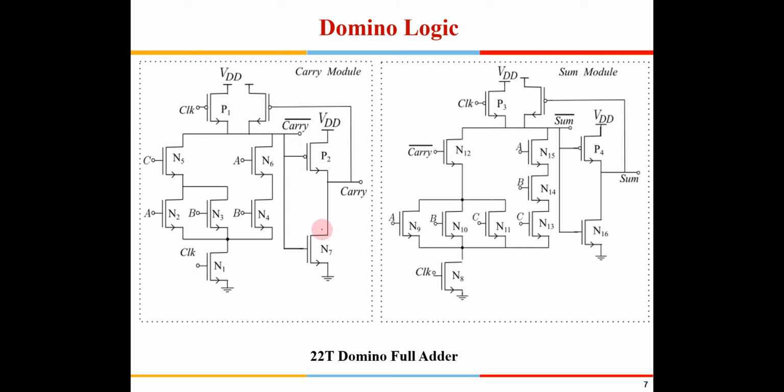Then I can generate carry, and I can use that carry signal for the keeper transistor. So that has been done here. And then you again use the carry bar here, and this is the pull down network for the sum, and you use an inverter to generate the sum, and that has been used to drive the weak PMOS. So this is how a domino logic looks like.